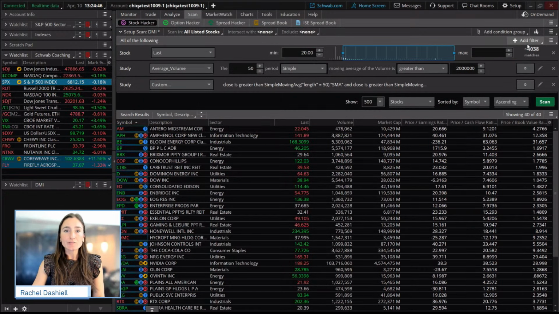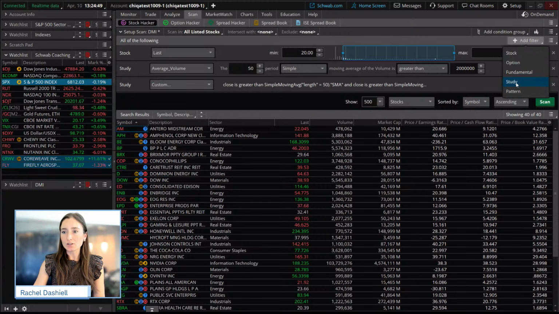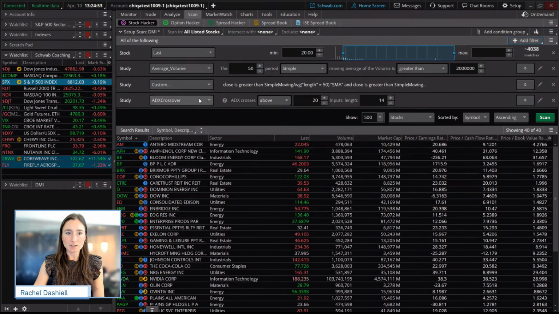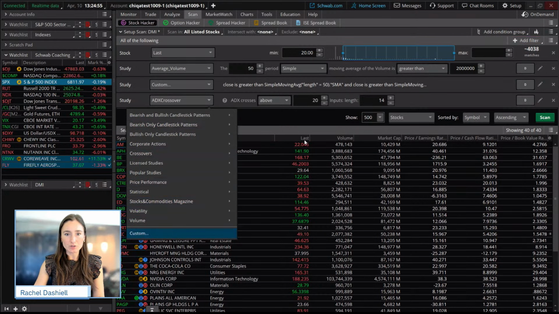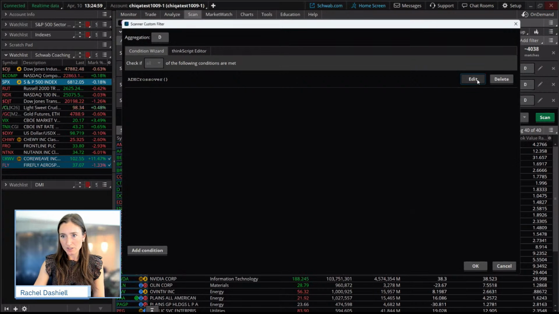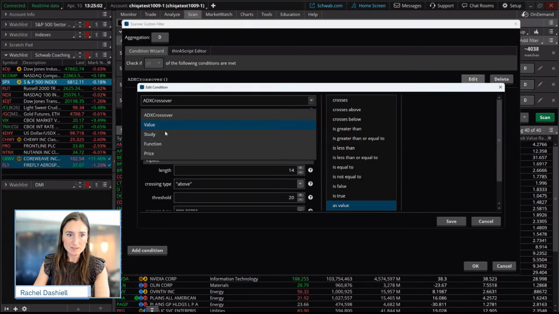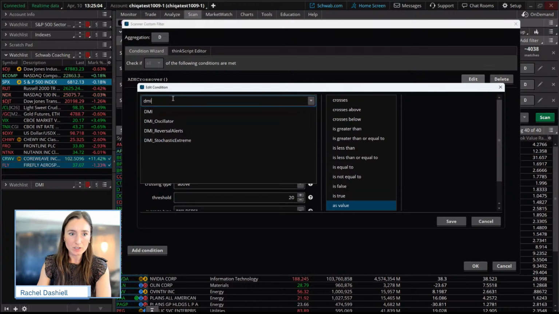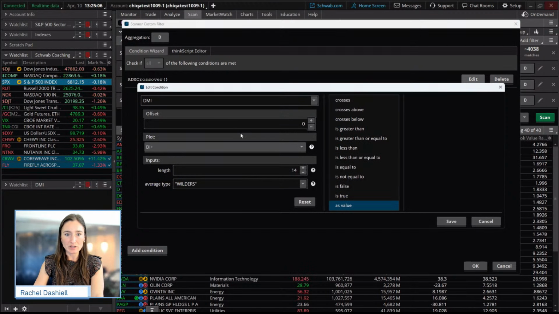You're going to want to use live trading for this because you don't have the study filters in paperMoney, so keep that in mind. If you go to study and click the drop down here, go to custom. This is what I looked at when I was building this. We're going to hit edit. We're going to select study and look up DMI, the directional movement index.